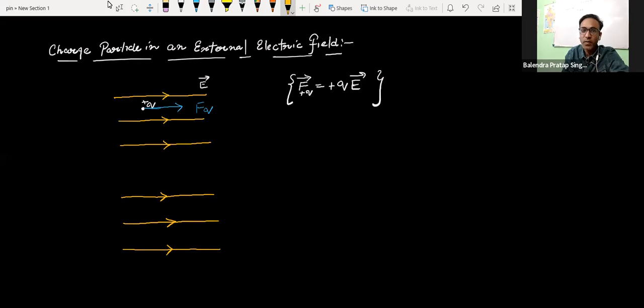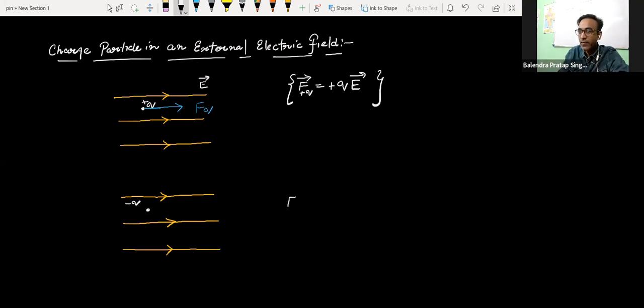In this uniform electric field, if I put a minus q charge, then this minus q charge will also experience a force.